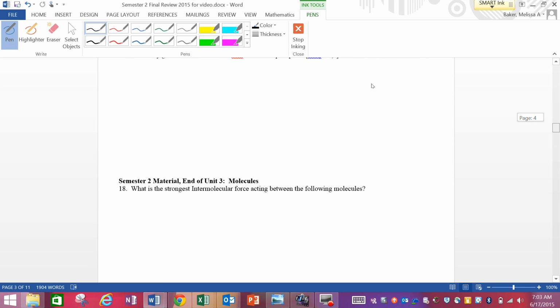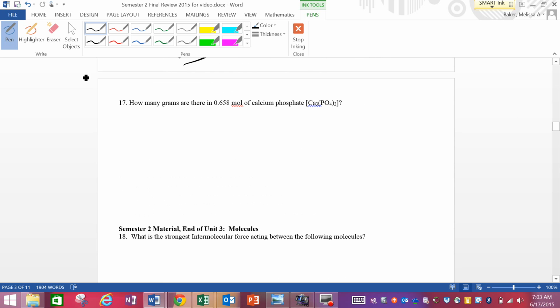Okay, now we got to use a molar mass. So number 17 says, what if you've got a fraction of a mole? You don't even have 1 mole of calcium phosphate. Well, first we got to figure out how much 1 mole weighs. We've got 3 calciums, so that's 3 times 40.08. That's calcium's molar mass on the periodic table.